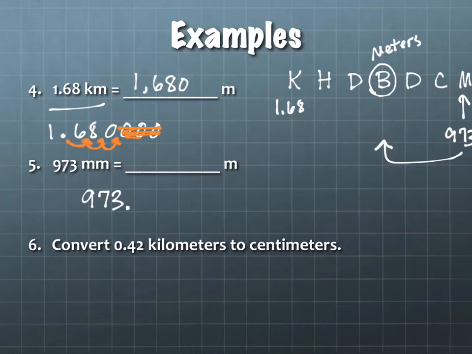It's the place value, like money, $973.00. I want my value to move to the left 3. Here's 1, 2, and 3. If we needed, we could tack on extra zeros to keep moving, but we don't need them here. You can write a decimal point and then 973, or write a 0 in front of the decimal point. Either way, this is 973 thousandths of a meter.